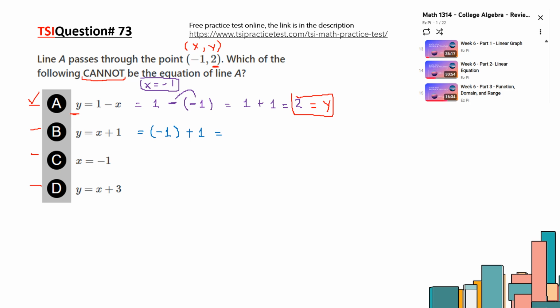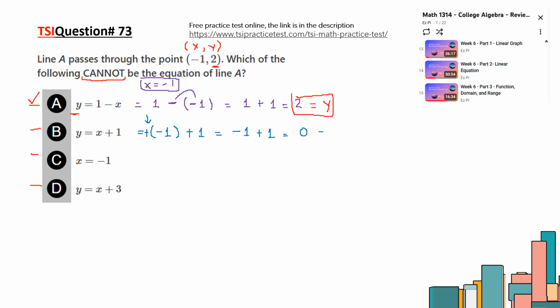So you have -1, add 1. Remember, in front you don't see anything, it means positive, so you keep the same thing inside the parenthesis, don't change anything. So -1 add 1 is 0.